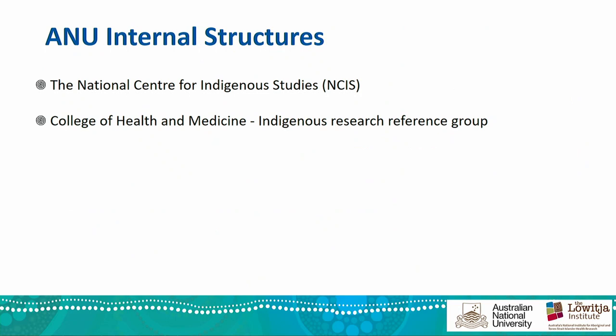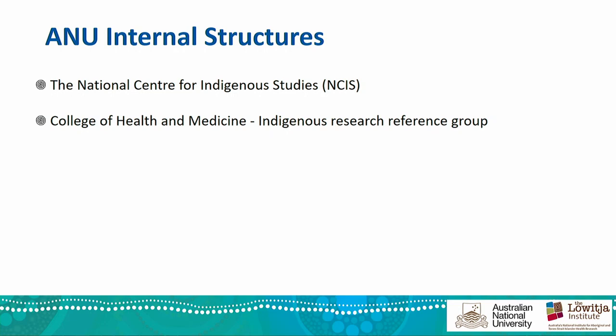Then there are the ANU internal structures. I mentioned the National Centre for Indigenous Studies, which has a central place where you can ask who you should engage with or what networks are available. But the really lesser known structure is the CHM. It's new. I'm sure the new dean doesn't even know about it because Jane Dahlstrom set it up. They have an Indigenous research reference group.